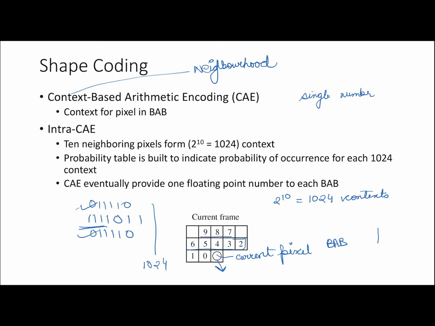Now CAE simply scans the 16 cross 16 pixels in each BAB. If you remember, the size of a BAB is 16 by 16.